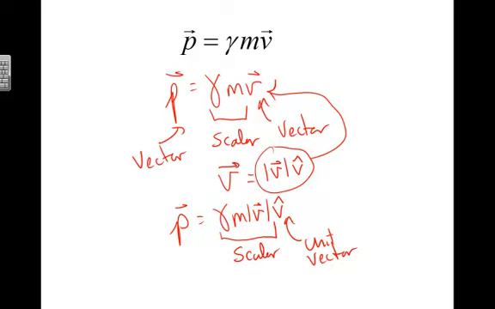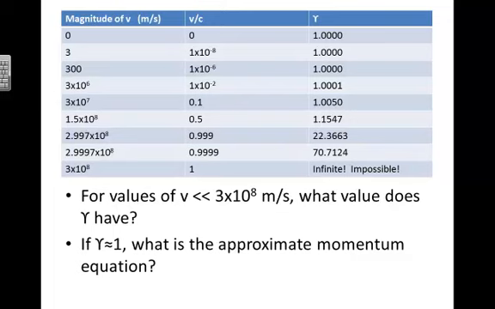So let's just take a look at some values of gamma and see how big a factor they really are. So right here, this is actually a figure from your textbook, but in this column we have a bunch of velocities measured in meters per second, all the way from 0 up to the speed of light. This is that ratio of v over c that you see in the denominator of gamma.